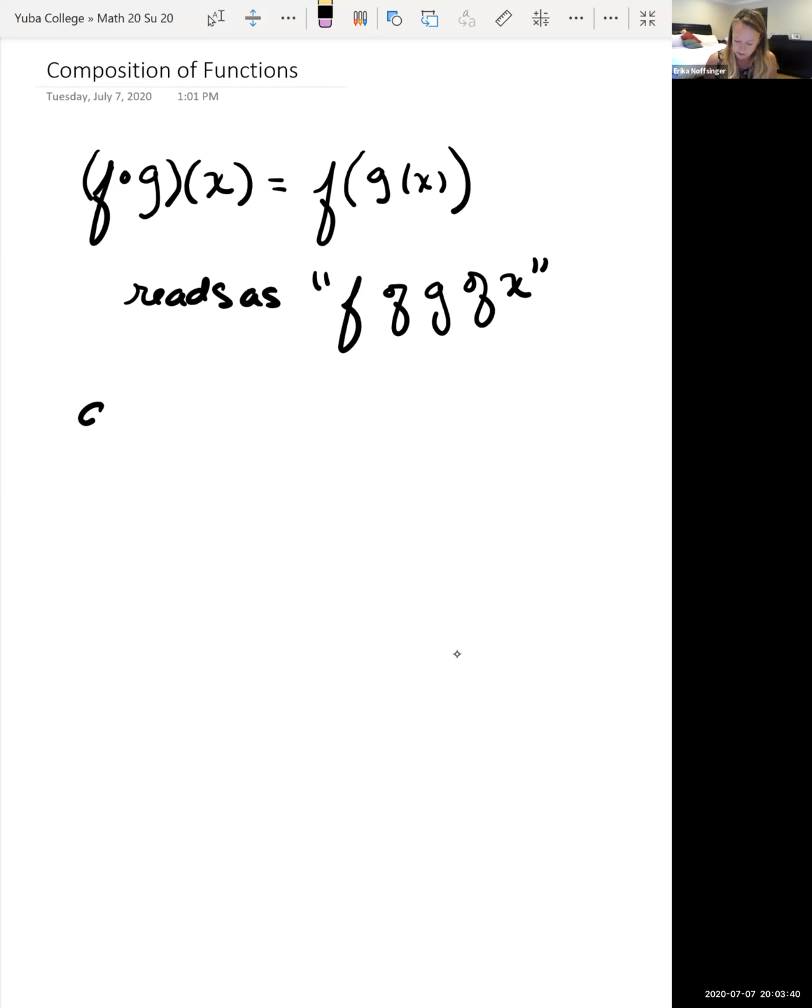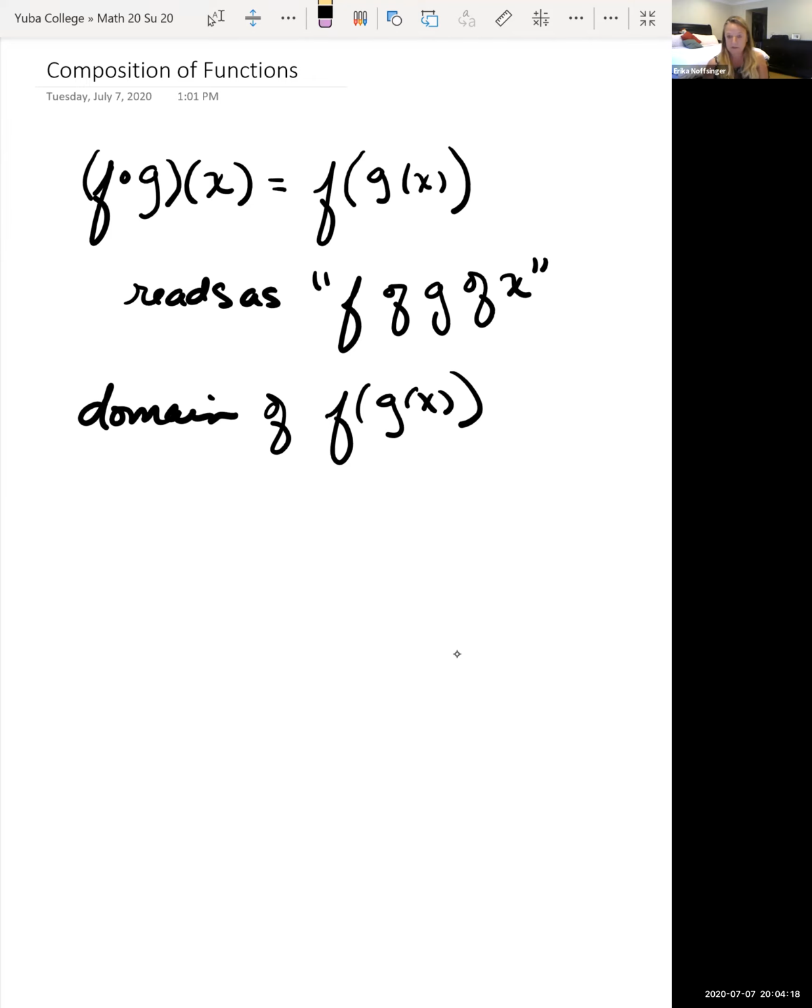Okay, so for the domain of a composition of functions, when you're doing f of g of x, if you're plugging in a value for x, the first thing you're doing is plugging it into g of x, this inner piece. Once you plug in a value for x into g of x, you have some output. We have to worry about that output being in the domain of f of x, because that output is then being put into the x of f of x.